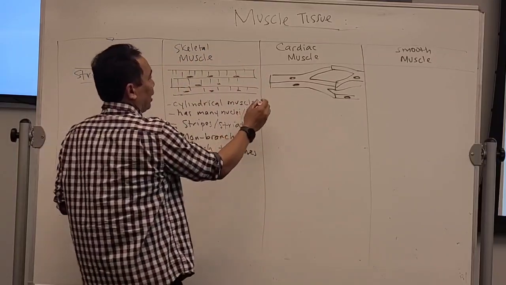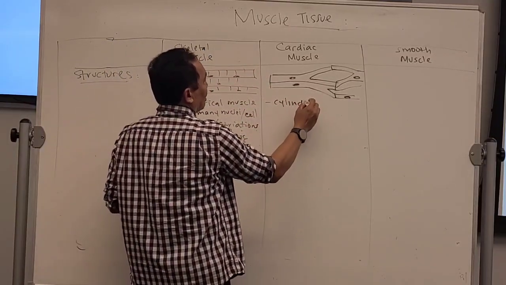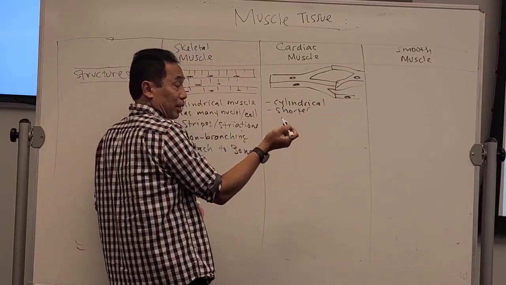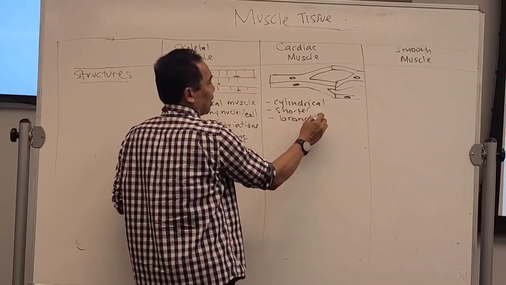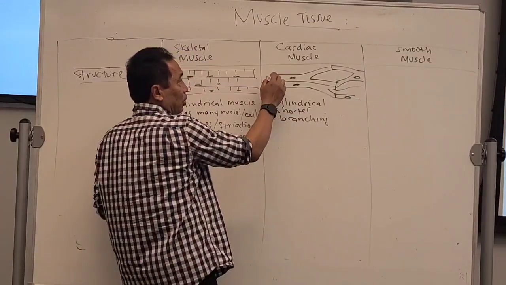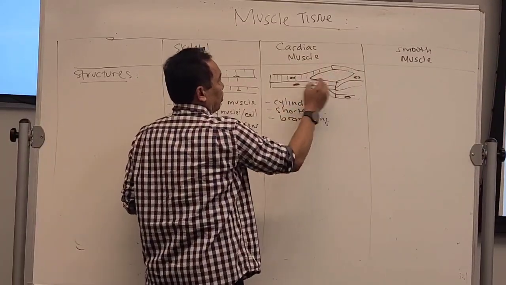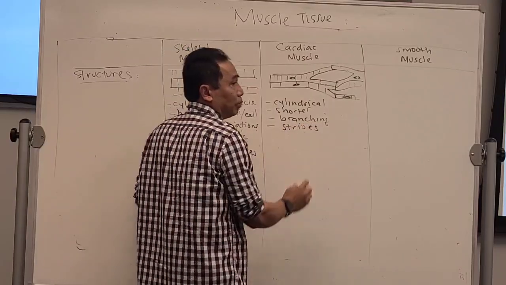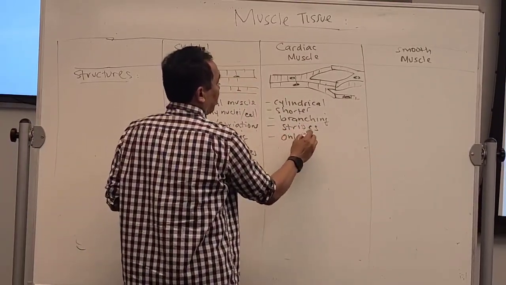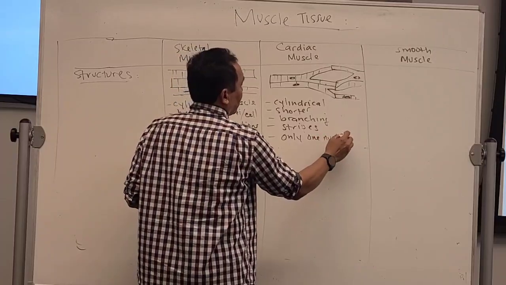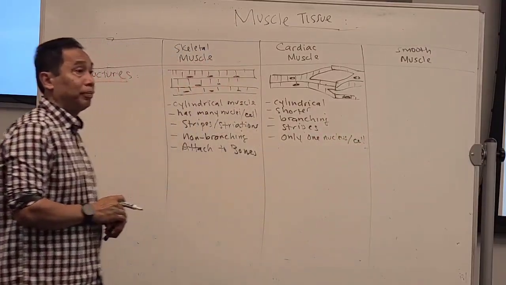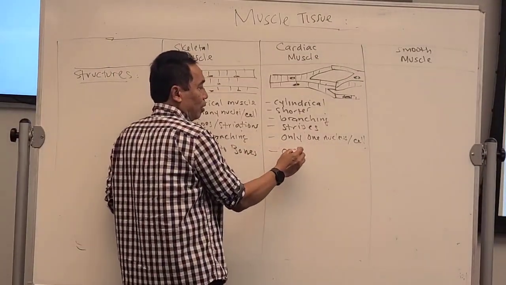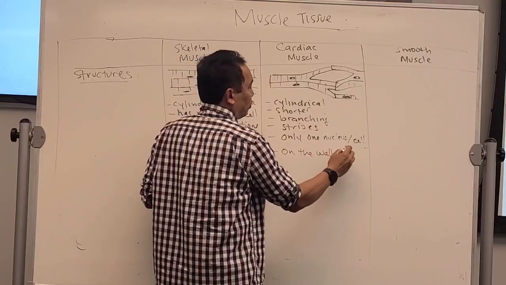So this is cylindrical also, shorter, branching. If you see under the microscope, you also see stripes. Only one nucleus per cell. And it is located on the wall of the heart.